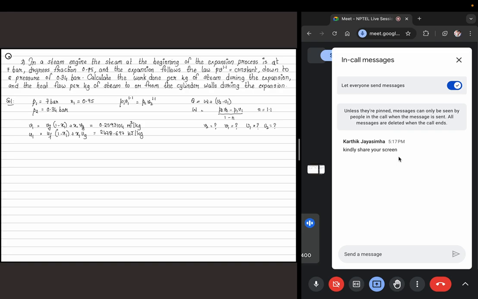Now that I have V1 and U1, I need to calculate V2 and U2. How do I calculate V2? I use the process equation.